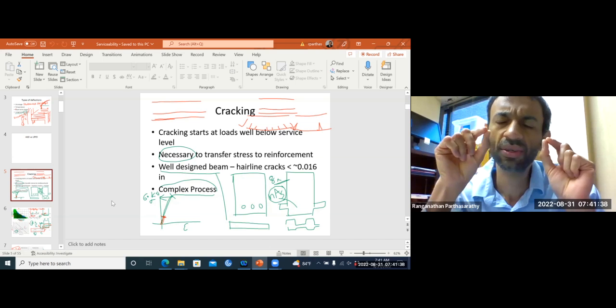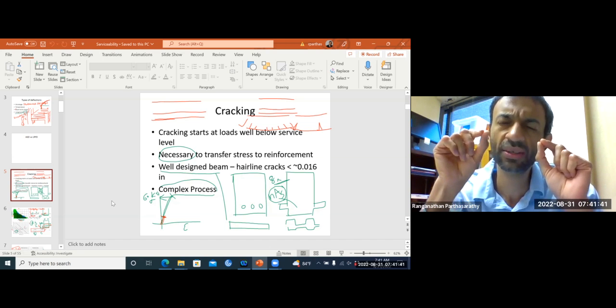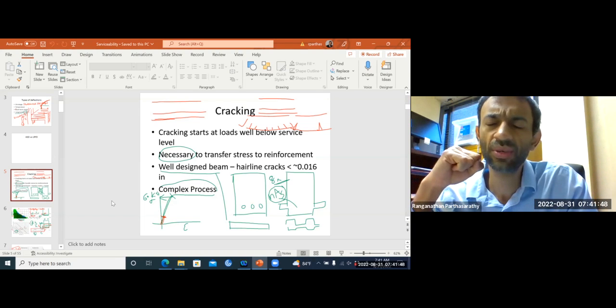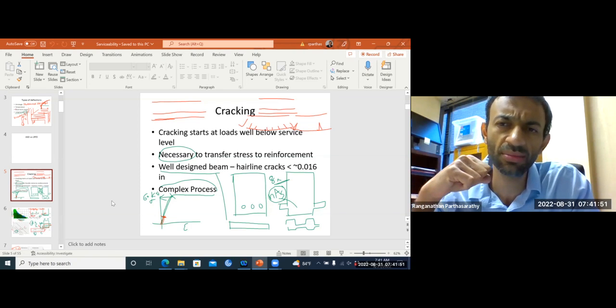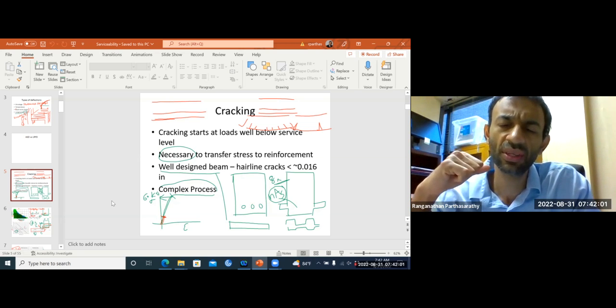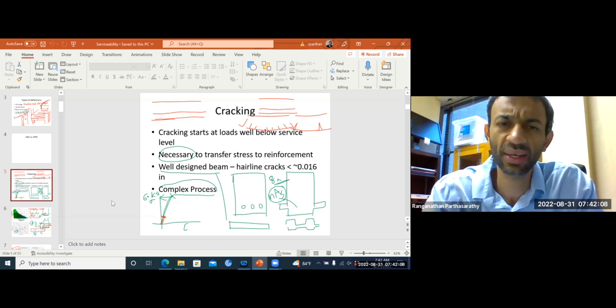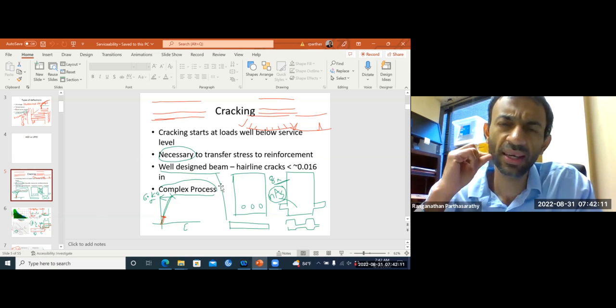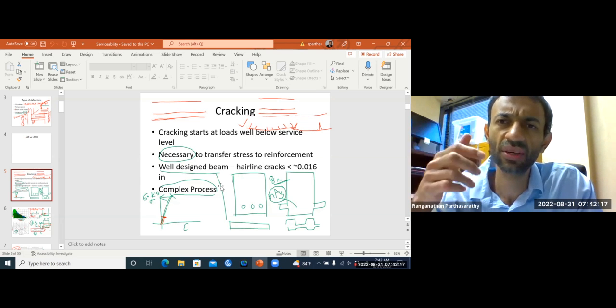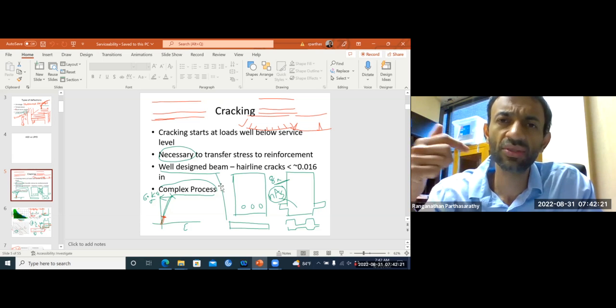If you have bars of smaller diameter but spaced quite closely, then we will have many hairline cracks throughout the beam.